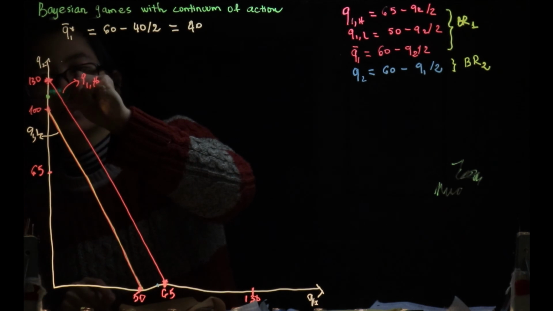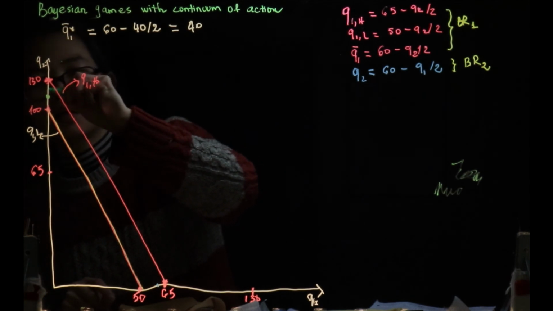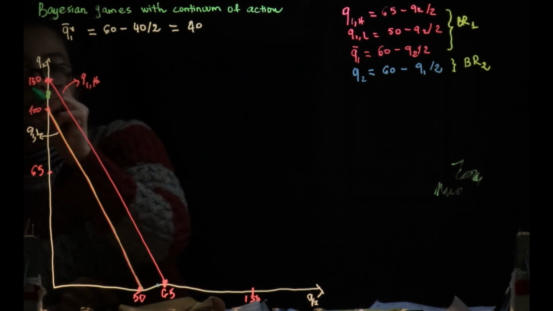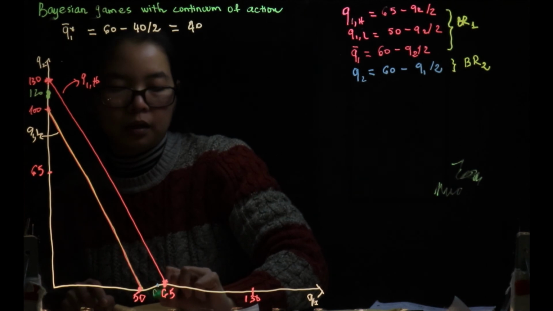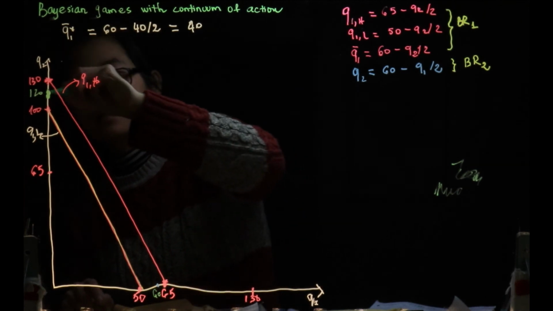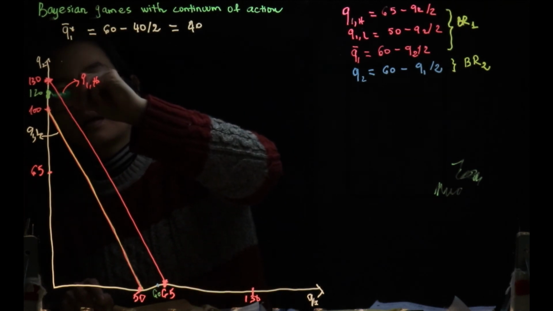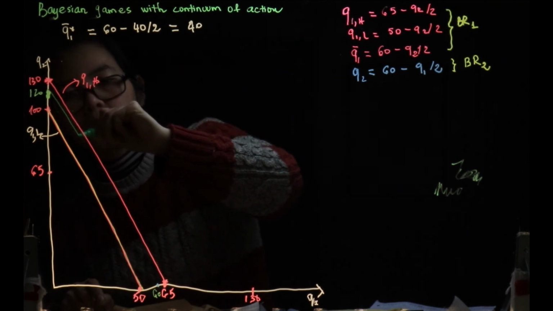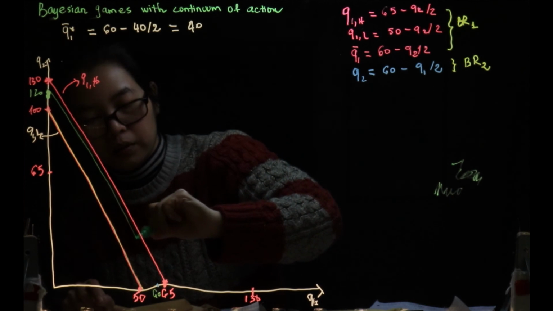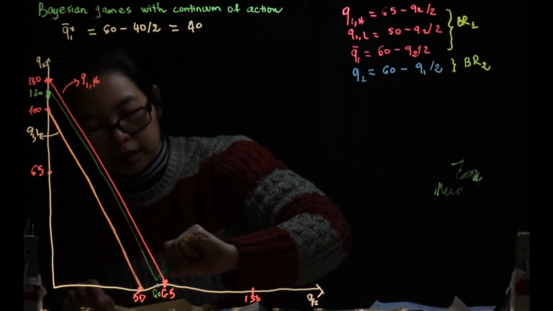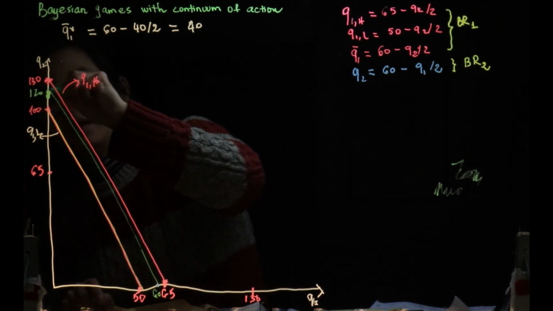That would look like, so here 100, 120 again must be closer to 130, so let's move it up a bit. 120, and there is 60. Now it's not really straight. Yeah.